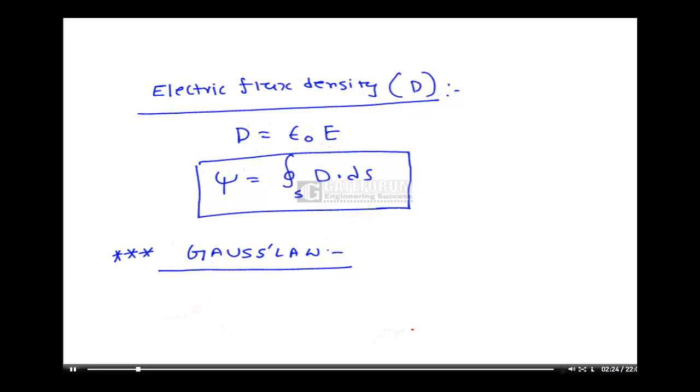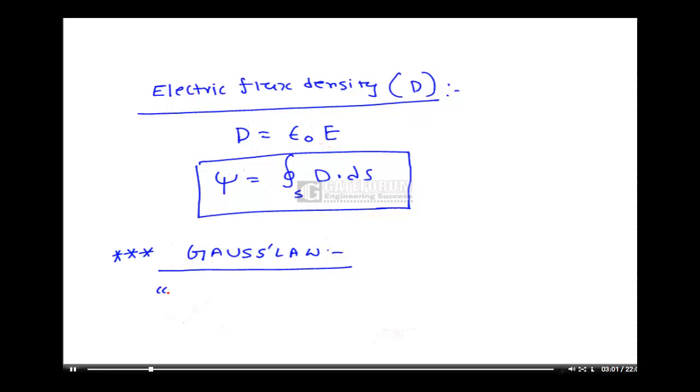Entire electromagnetics is nothing but four Maxwell's equations. Maxwell defined the entire electromagnetism with the help of four equations known as Maxwell's equations. The first Maxwell equation is derived with the help of Gauss law. So Maxwell's equations start here. First of all we will discuss what is Gauss law, then by using Gauss law we will see how Maxwell derived the first Maxwell's equation.